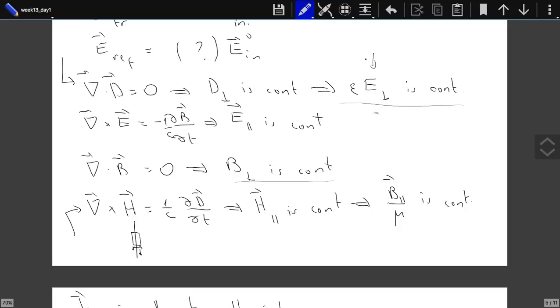So we have three conditions, one from the continuity of E parallel, one from the continuity of the perpendicular component of B, and one from the continuity of the parallel component of B over mu. But we only have two unknowns. Or do we really have two unknowns?